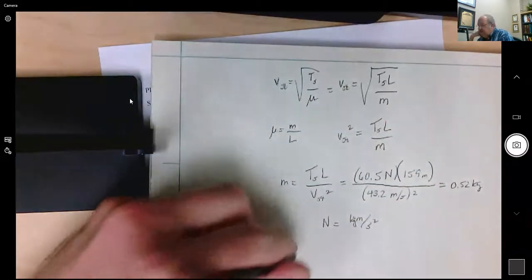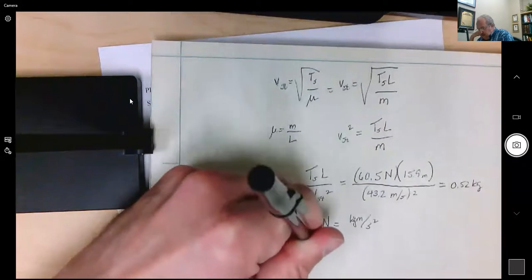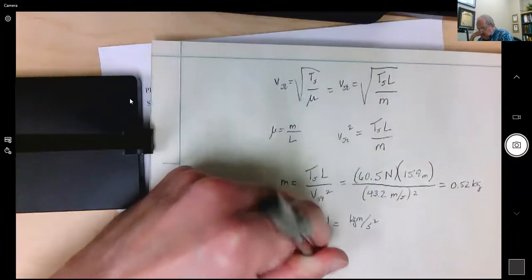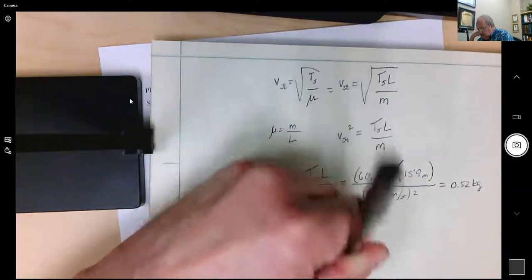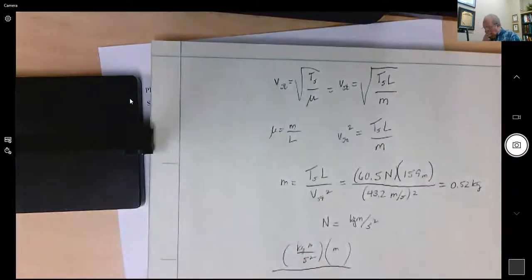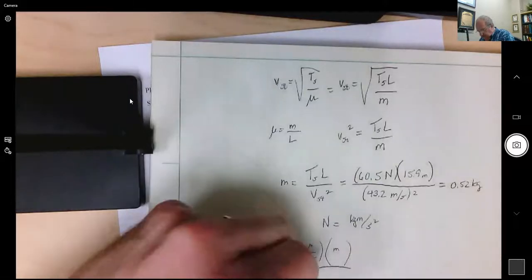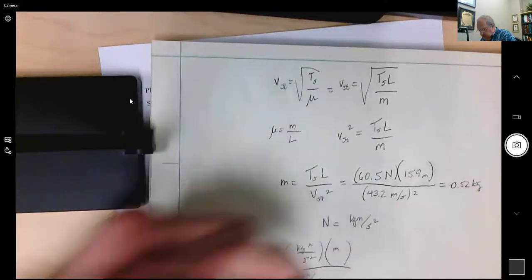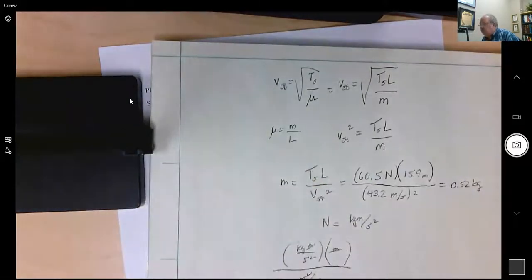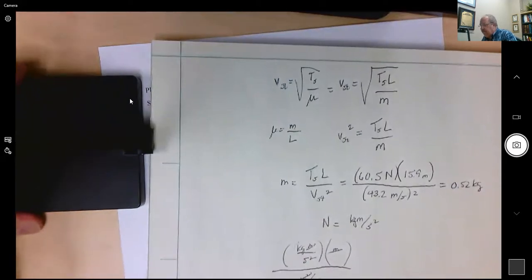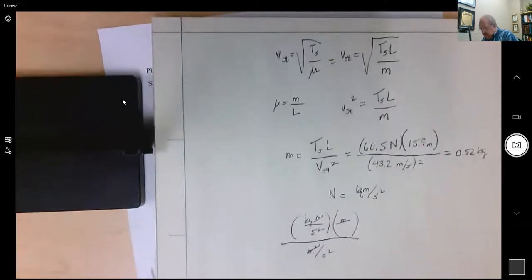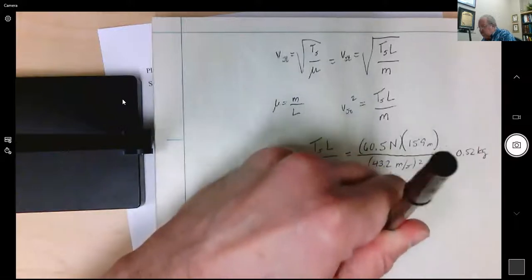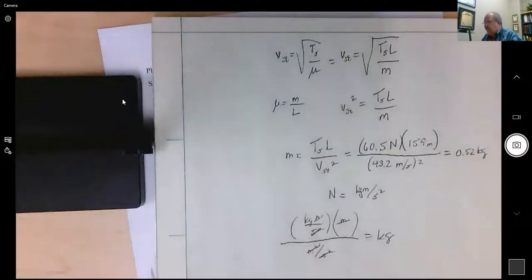So if I put that in, that gives me kilogram meter per second squared times meter divided by meters squared per second squared. Then the meters on top cancel with the meters squared in the bottom, and the seconds squared cancel, which gives you kilograms as your final answer.